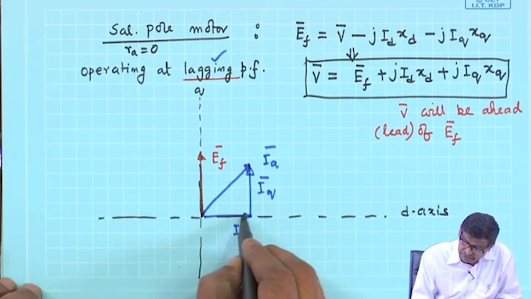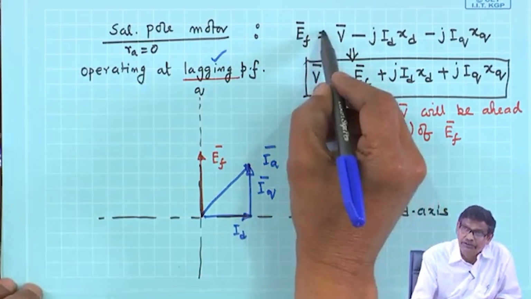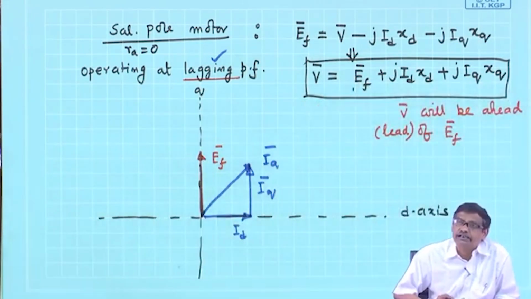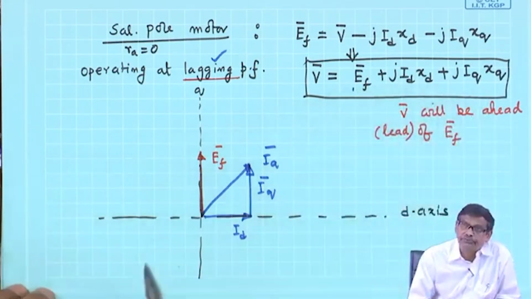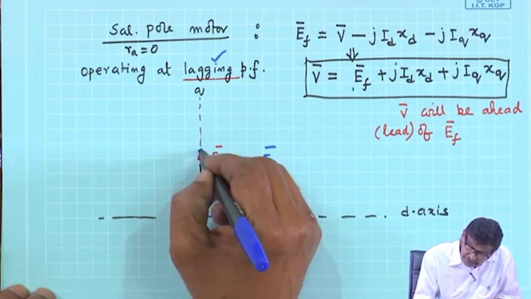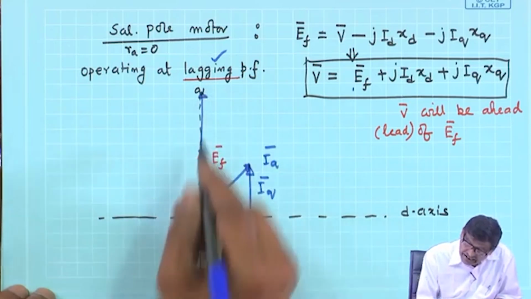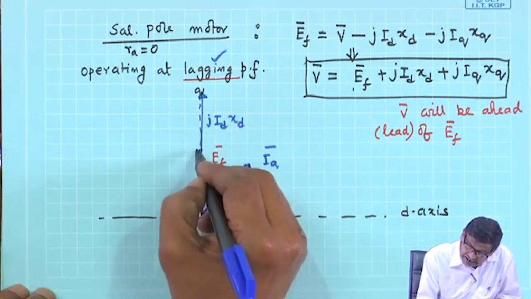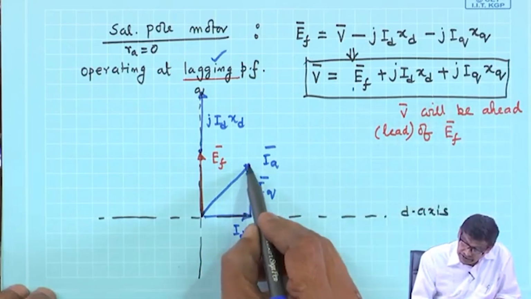I find it out. Then I go to this equation, but in additive mode. That is why I have started with EF. Then to EF you have to add these drops. So, to EF you add J ID XD, this length, plus J IQ XQ, IQ is here.